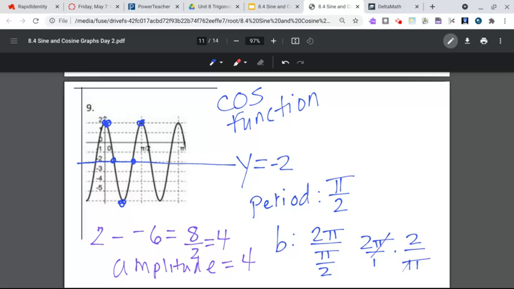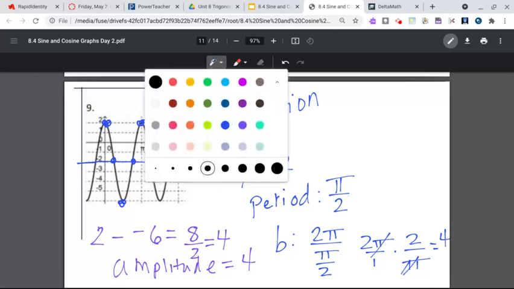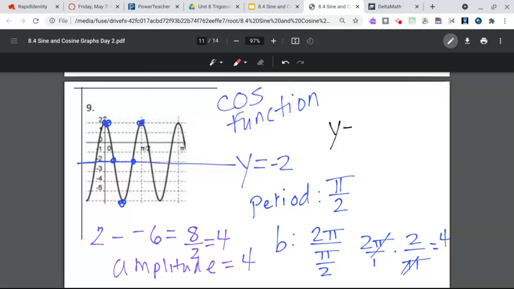Pi's cancel. Our b value is 4. Our equation of the graph is y equals, our amplitude's 4. It's a cosine function. The b value is 4. And the midline equation is -2. Y equals -2.